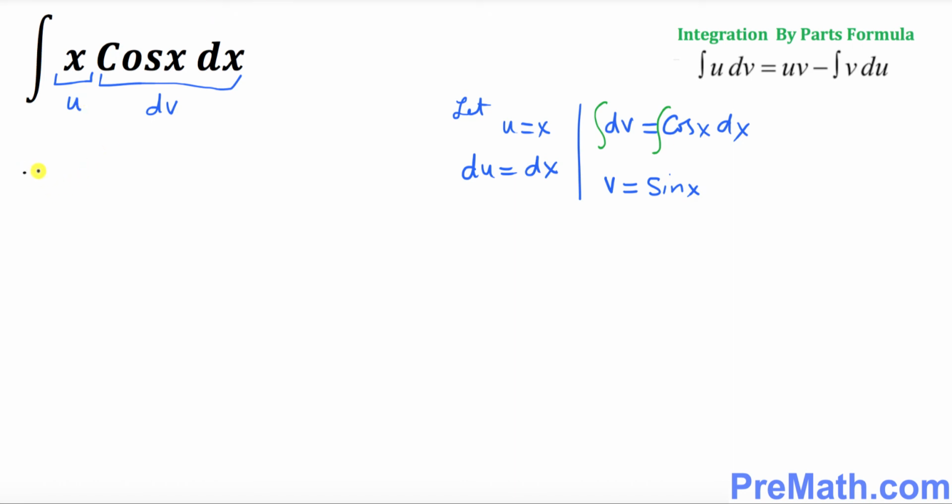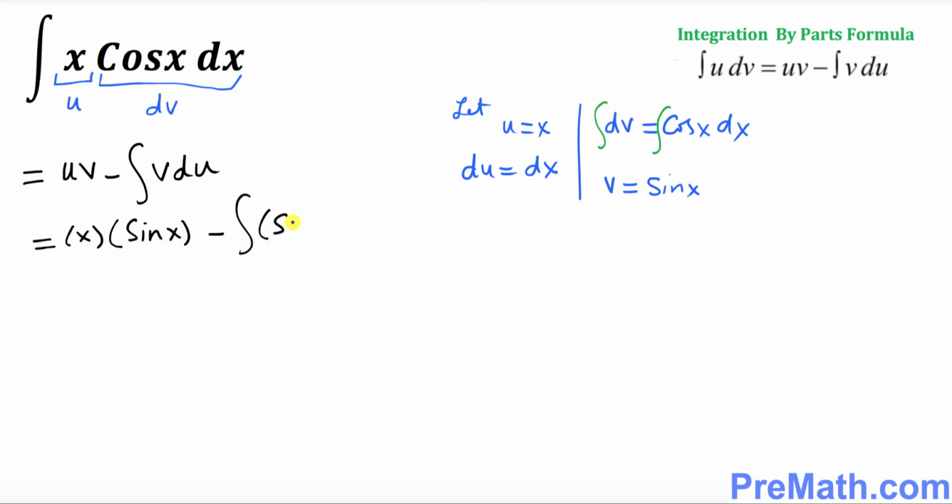For integration by parts, we have to put it in this form: uv minus the integral of v du. Now let's fill in the blanks. u is x in our case, and v is sine of x, minus once again v is sine of x, times du is dx.